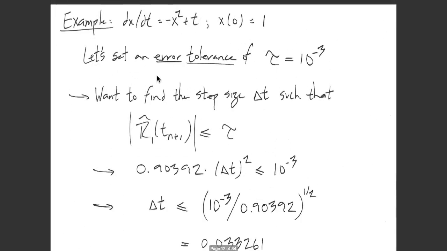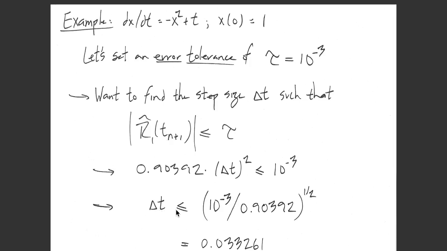So let's set a one-step error tolerance of tau equal to 10 to the minus third. We want to find the step size delta t such that the estimated error in absolute value is less than my error tolerance. So I use my formula for the estimated error that we just came up with. There's my tau, and I can solve this now for delta t.